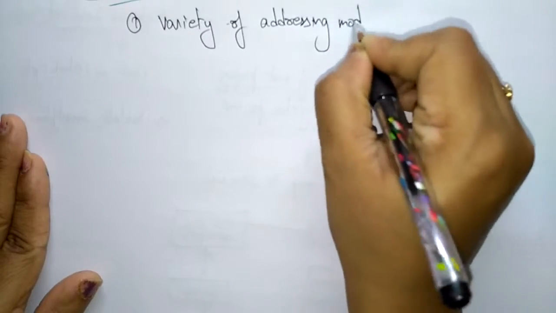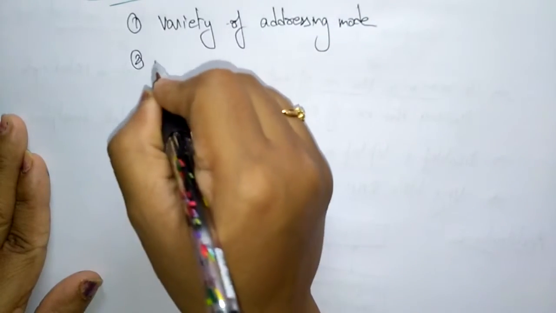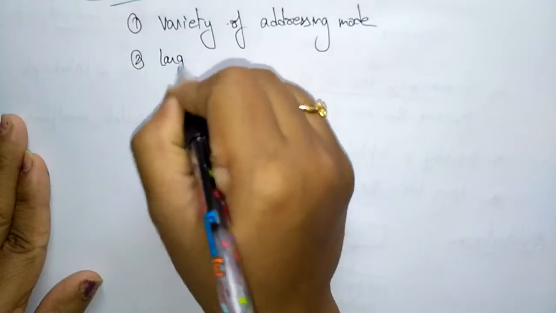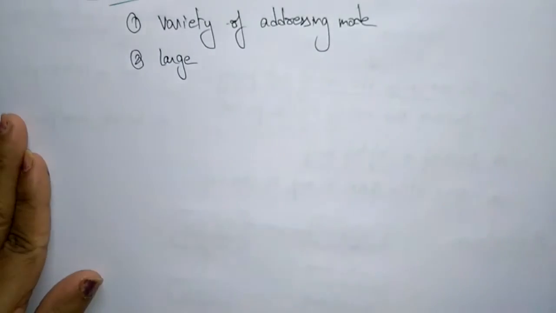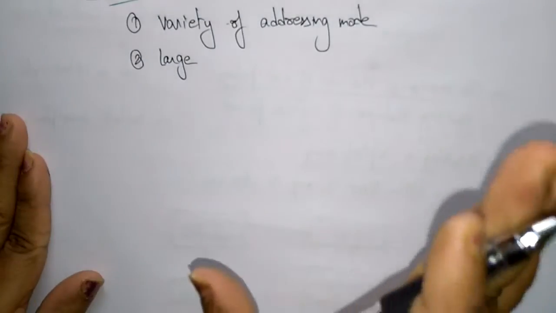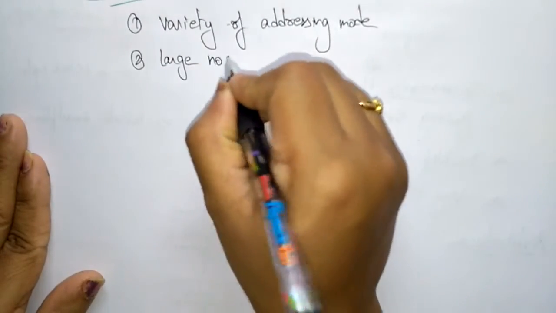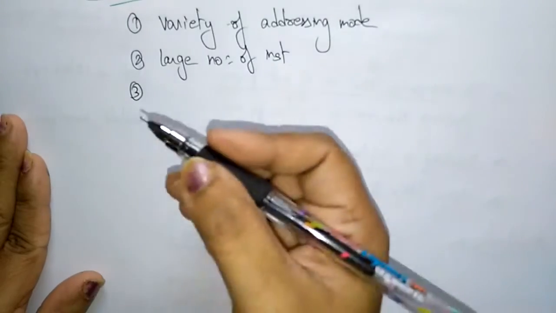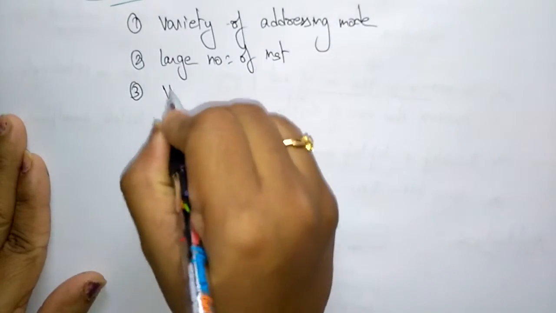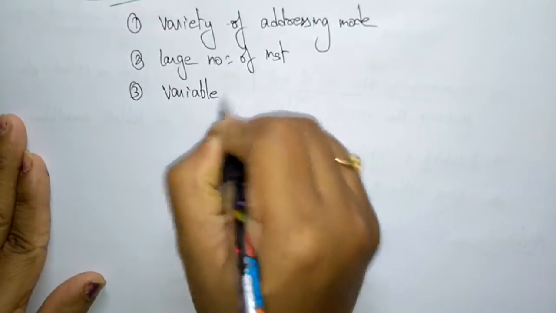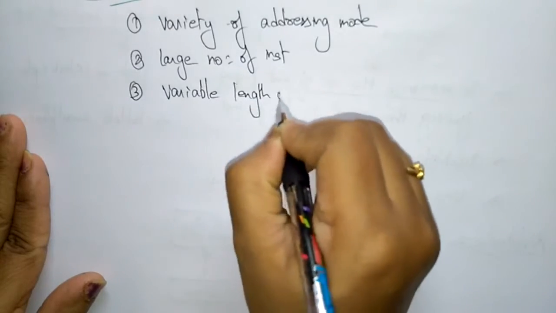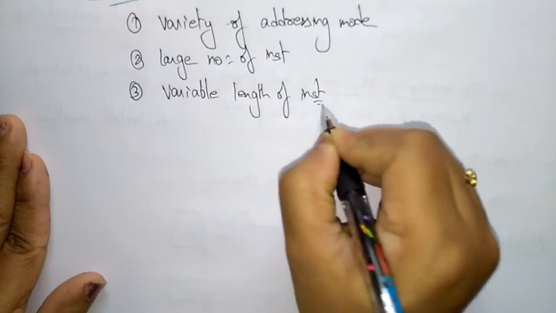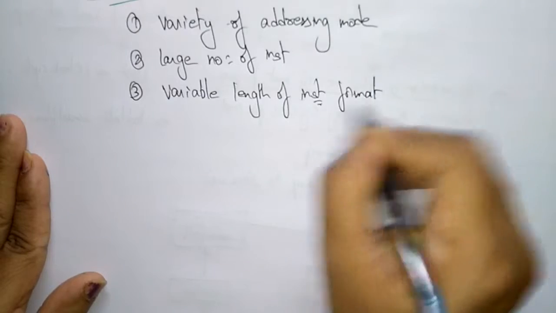Here a large number of instructions will be present, and that will be minimized by embedding a number of operations in a single instruction. So a large number of instructions is required, and variable length instruction formats will be there. The instruction format will be variable length.